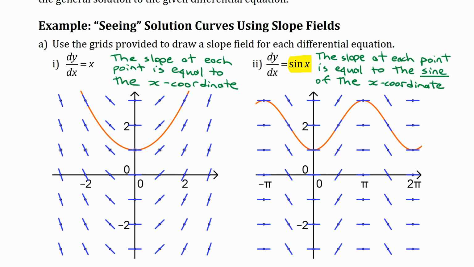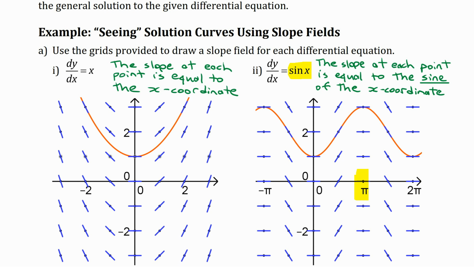Here it's harder because this is about 3 here, right? And this is 1, 2. So getting a slope of 1 is kind of hard there. So you could just approximate it with a line going up like those ones. And then when you get to this value, 3 pi over 2, the slope is -1, so you can just draw them so that they're slopes of -1 and so on. And then this same thing, -1 over there.